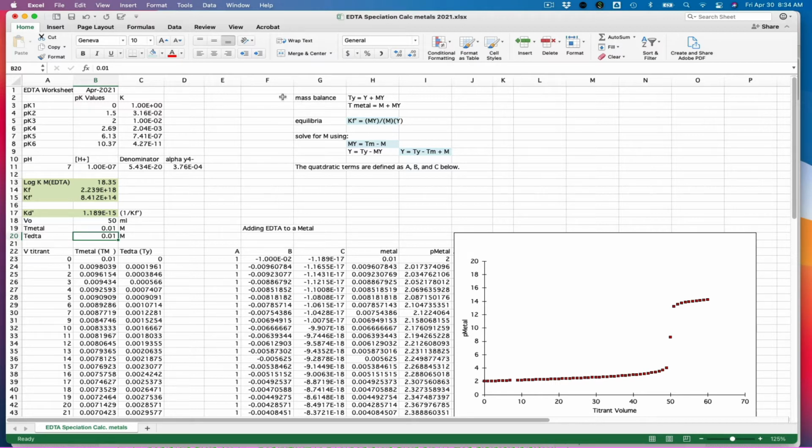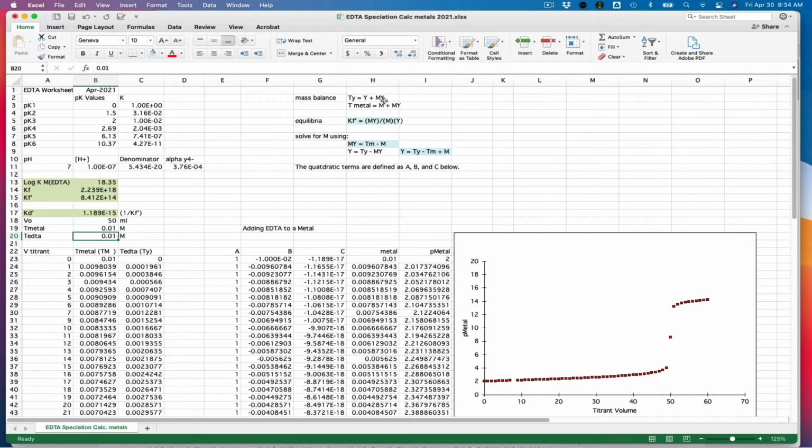I'm going to do this by solving this equilibrium expression, and I need a couple of additional terms. There are 3 unknowns, and I've got 2 additional knowns, and these are the mass balances for EDTA and metal. So Ty, my abbreviation for total EDTA, is the sum of the unbound EDTA and the metal-bound EDTA.